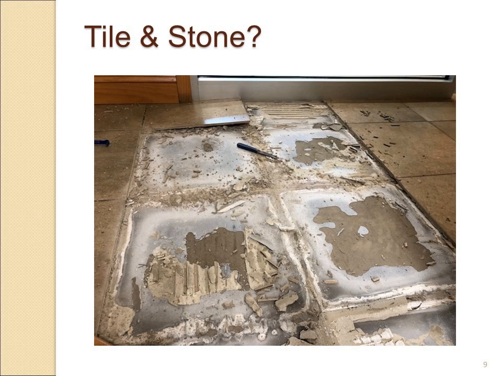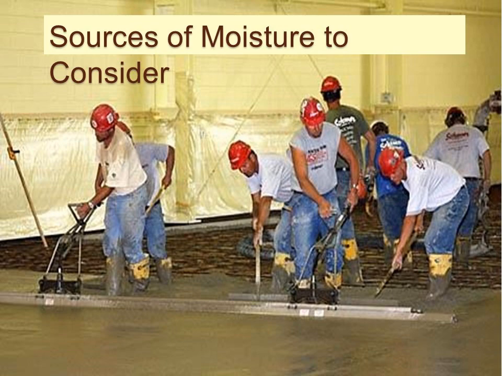So the first thing we want to talk about is, what are the sources of moisture that we have to factor in? Well, the most obvious is concrete. We realize that when concrete is placed, there's an excessive amount of moisture and water that's used in the mix in order to place it, and it's absolutely necessary in order to make the concrete and form it and shape it and finish it.